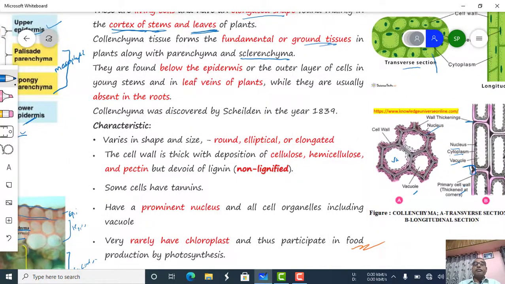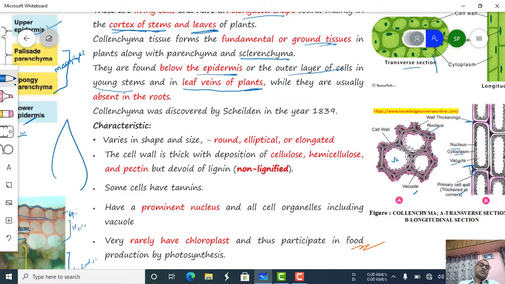They are found below the epidermis. That means they are present in the hypodermal region or the outer layer of cells in the young stem, of course after the epidermis, and in the leaf veins of the plant.